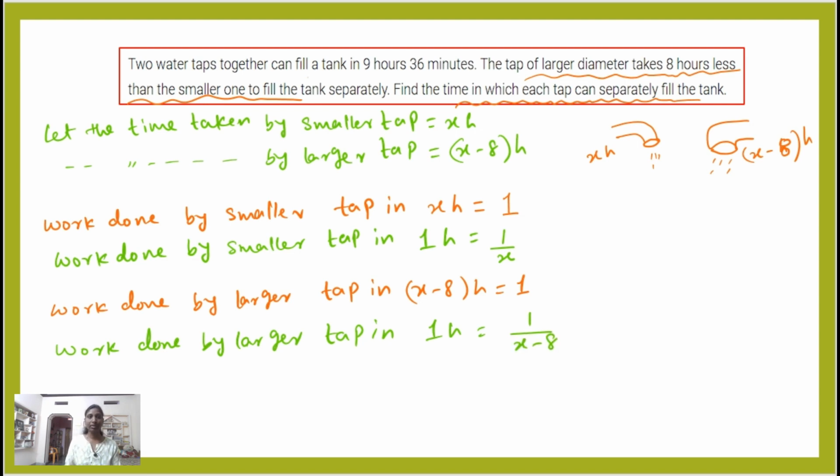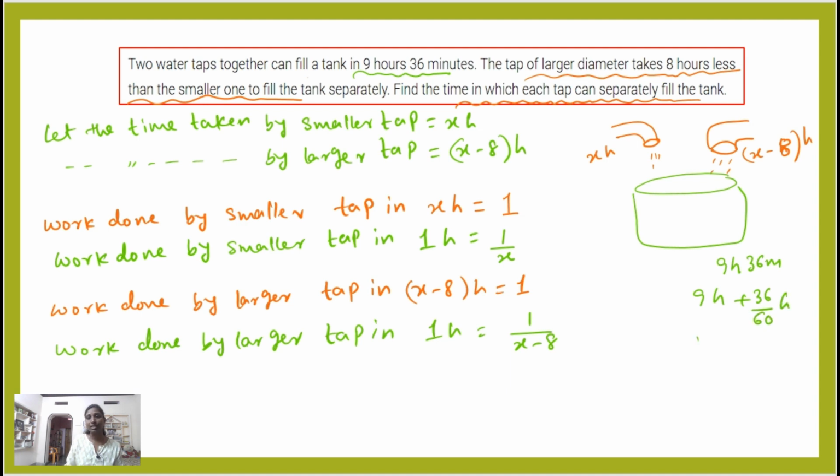Now it is given that two taps together can fill a tank in 9 hours 36 minutes. If we open both taps, then together they can fill a tank in 9 hours 36 minutes. It means 9 hours plus 36 by 60 hours.